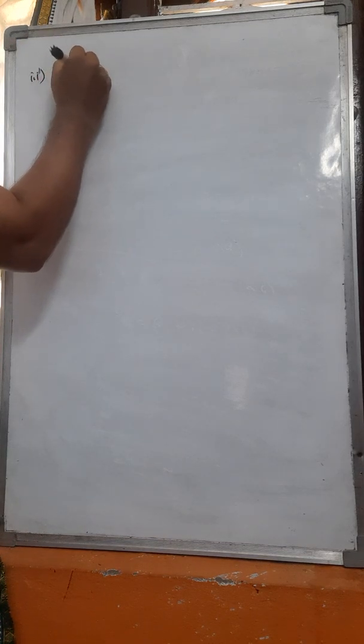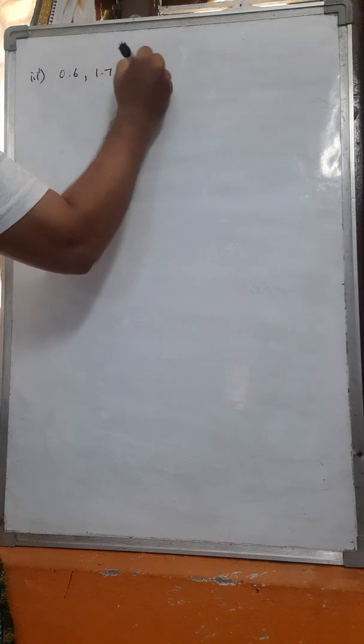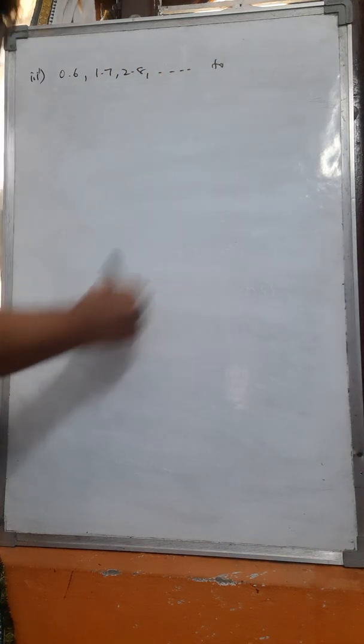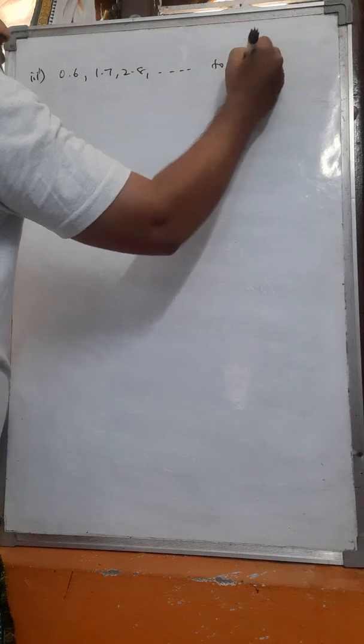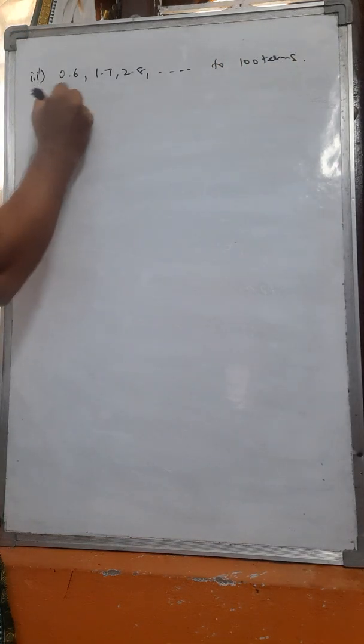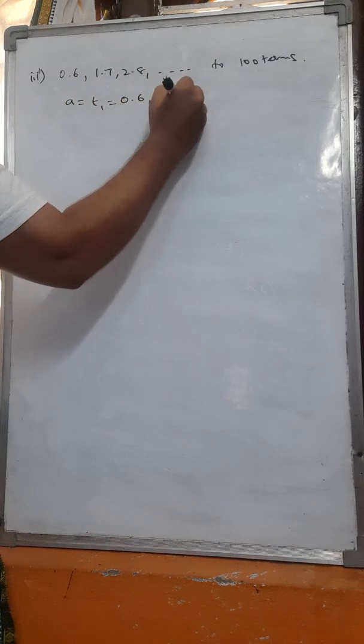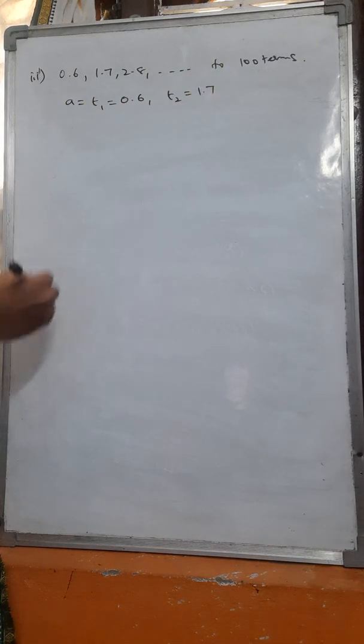Third problem. 0.6, 1.7, 2.8, to 100 terms. Here the first term T1 is equal to 0.6 and T2 is equal to 1.7.